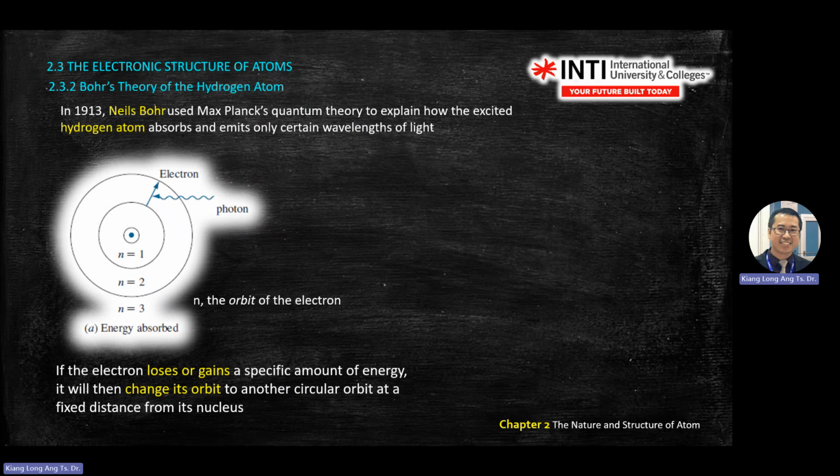To make the electron move from one orbit to another, either we take away energy or we give energy. So imagine this orbit as a highway. If you have a driving license, imagine this orbit for the electron as a highway, same like the roads in the Malaysian context, maybe overseas is different.